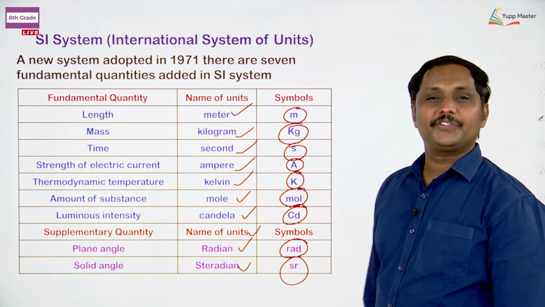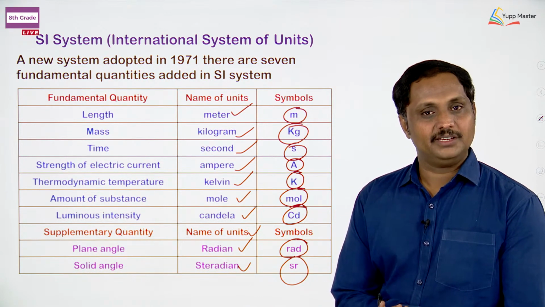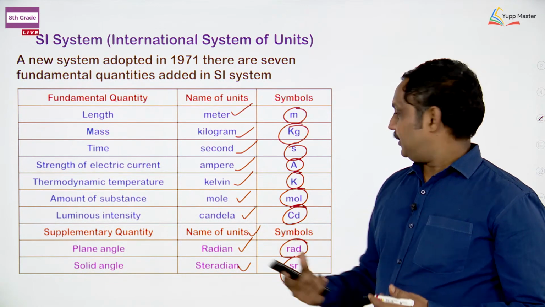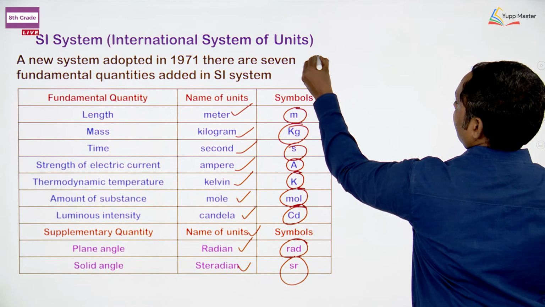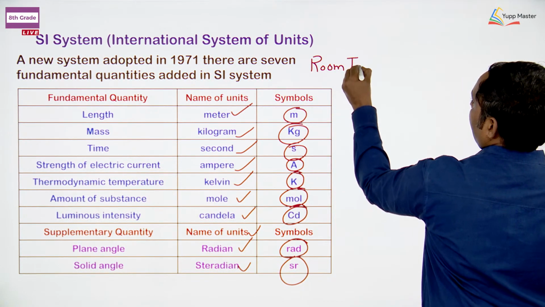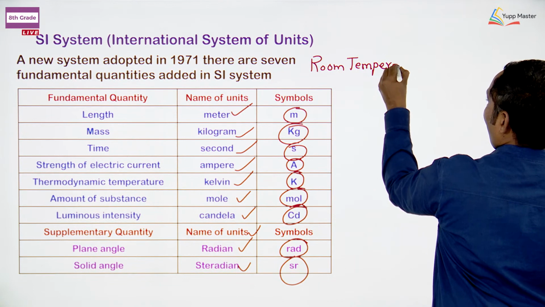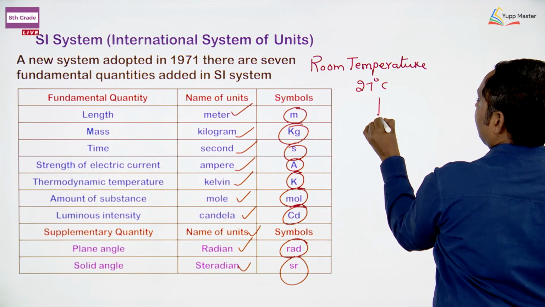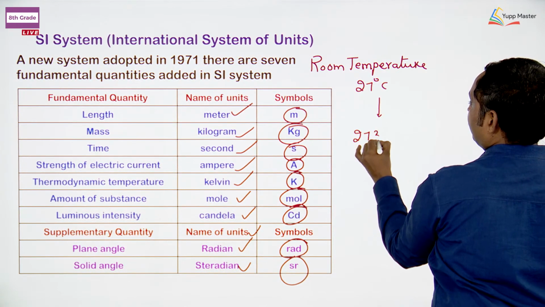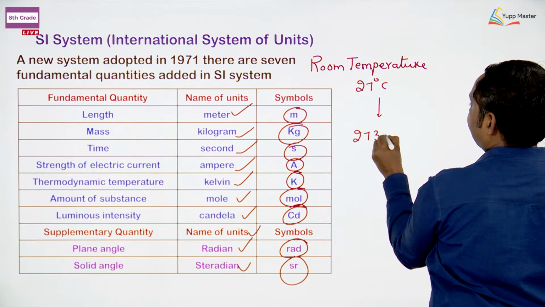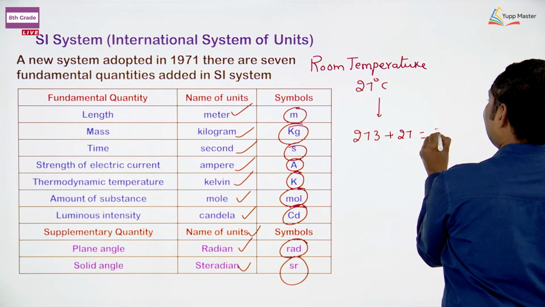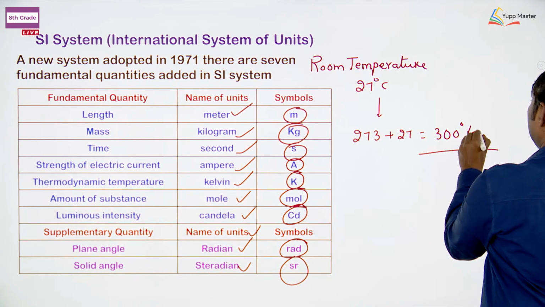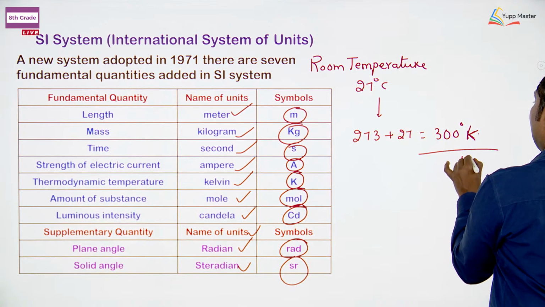Generally, if you express room temperature, that is 27 degrees centigrade, a common phenomenon, just temperature, room temperature, 27 degrees centigrade can be expressed as 300 Kelvin, with K for Kelvin.